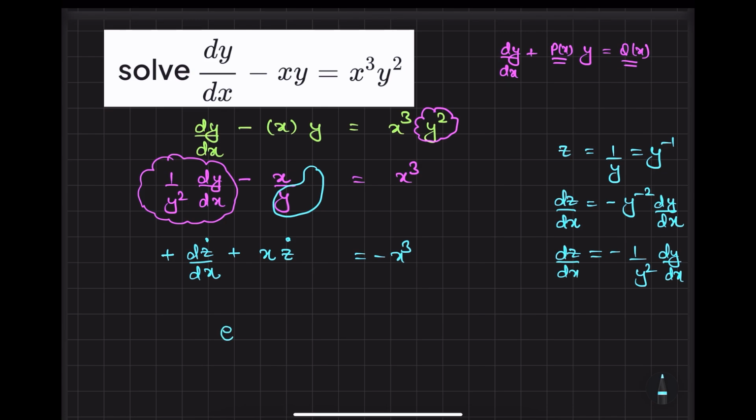So we have e power integration of px dx, px is x, so we will have integration with respect to x, so e power integration x dx. Now in place of y we have to put z, so z, and then minus of x cube integration.